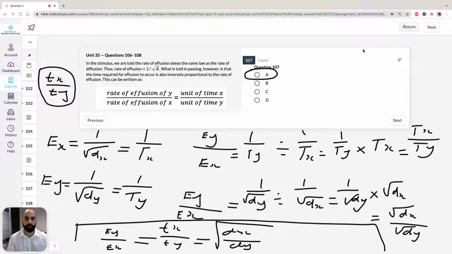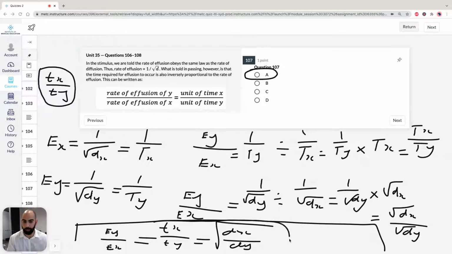So now we can move on to question 108. And the good thing about question 108 is we're going to use the same derived equation. They've given us the atomic mass of our gas, so we can use this equation to solve: time x over time y equals the square root of the mass of x over the mass of y.